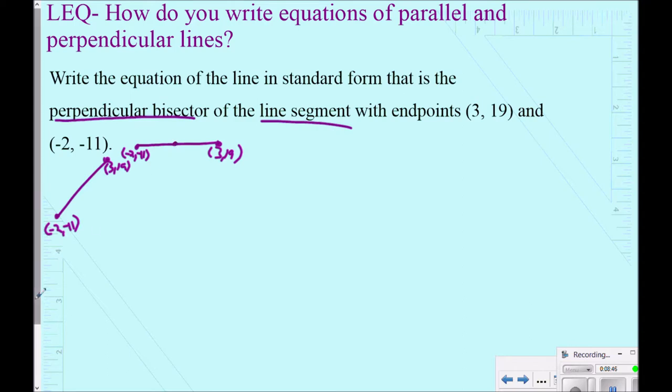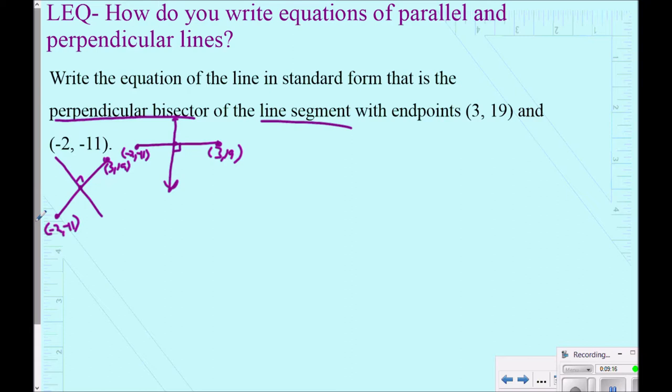I'm going to put a midpoint there, and I'm going to draw a line that not only is going through that midpoint, but is perpendicular to the line segment. So that would be the perpendicular bisector. And again, we just flattened this out and made it a straight horizontal line, but the same would be true over here. It would just be perpendicular and going through the midpoint.